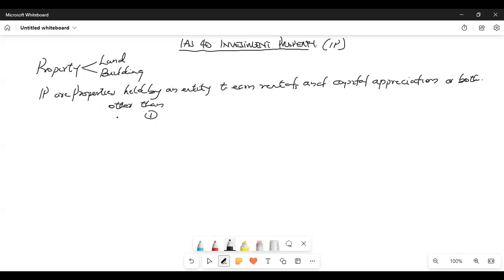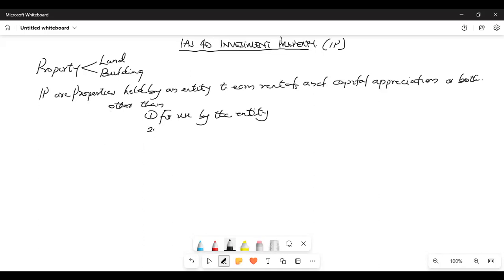Number one, other than for use by the entity. So these are not assets that the entity uses. They neither use it for administrative purposes nor for production. The company doesn't use it. All that they are doing is keeping it for rental. They give it out for rental, and they wait for it to appreciate. All right. So for capital appreciation.